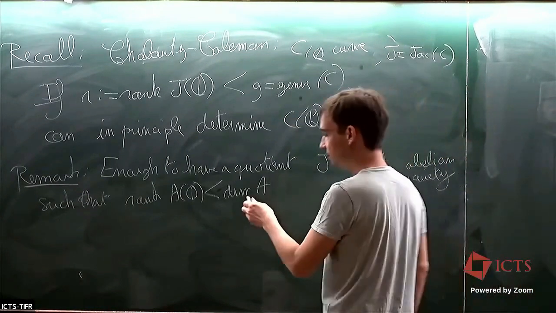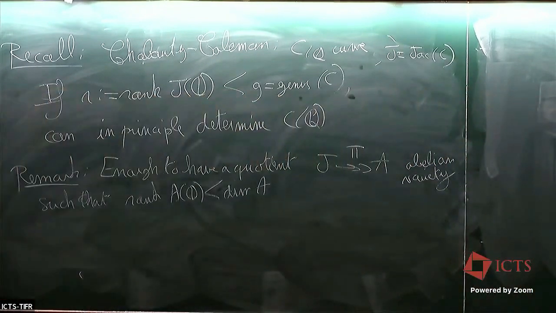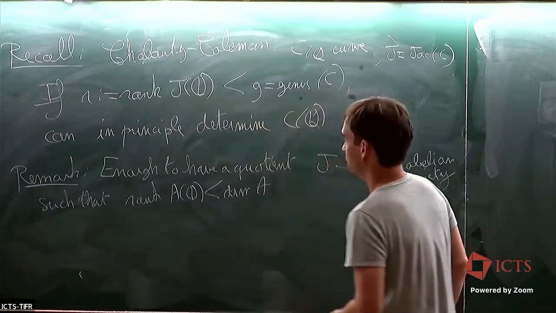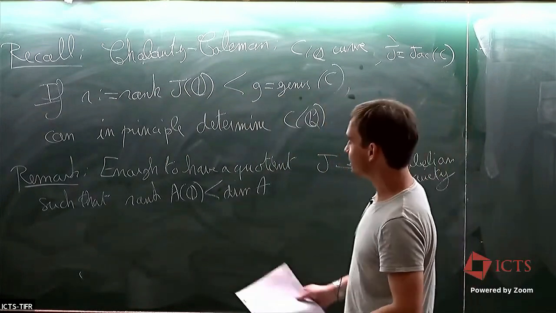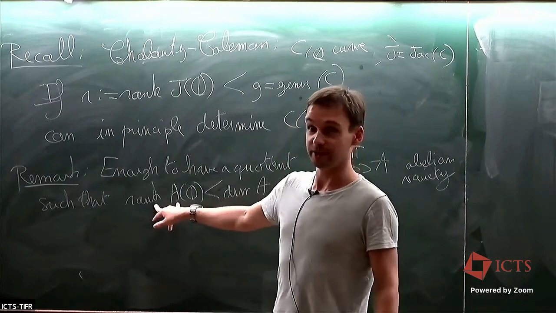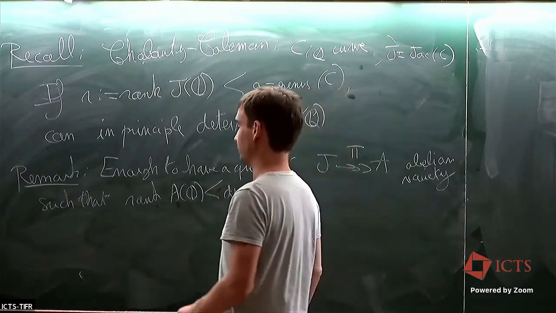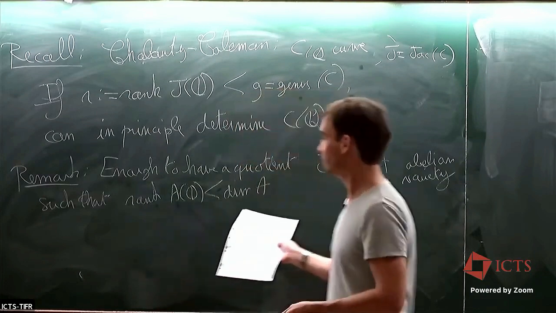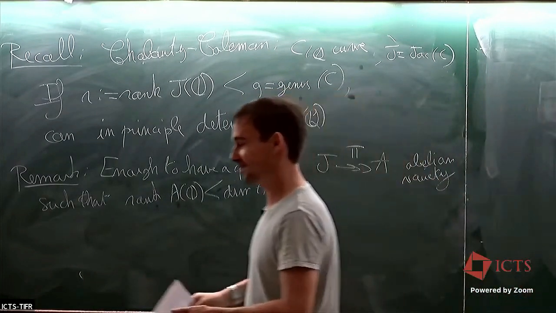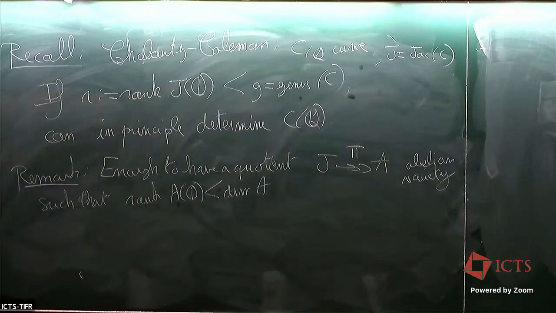So if you have just this for a quotient, which can happen sometimes, well, you can still apply the method, and you can still hope to determine the set of rational points. Even better, it's even easier to apply if the rank is as small as it can be, meaning 0. Okay, and if the rank is 0, we call this a rank 0 quotient, and we hope we can apply this. And that was, well, I guess, one of the many ideas in Mazur's results in the 70s.